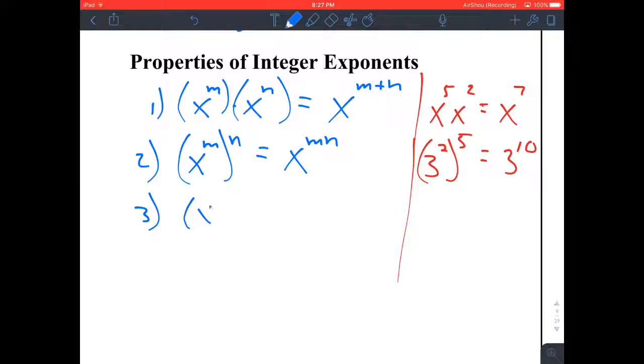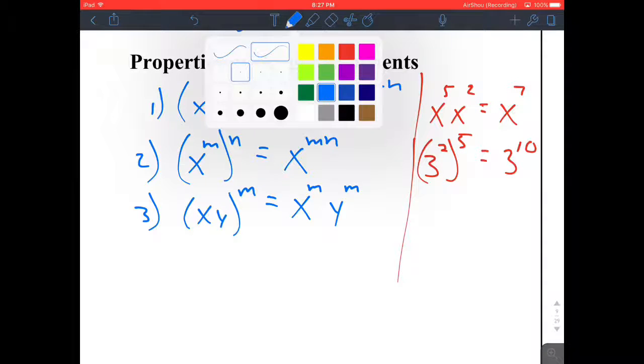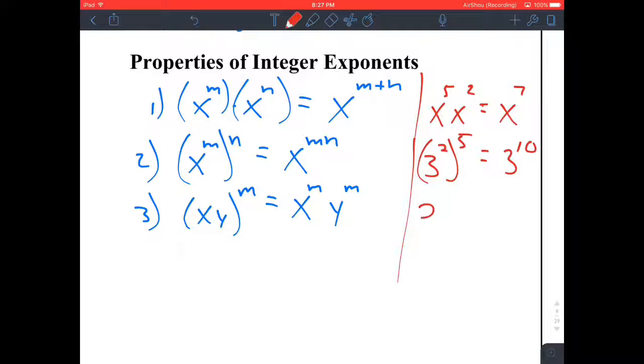If you have a product, two things you're multiplying, and that is raised to an exponent, that means you can simply use that exponent for each of the factors. So if we had something like 2 times x to the 4th, that would be 2 to the 4th times x to the 4th.